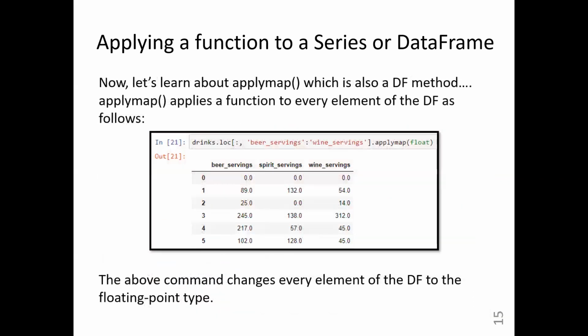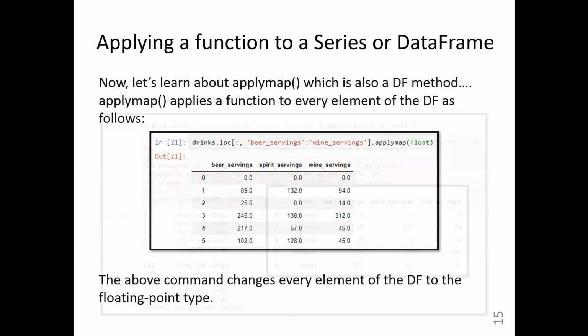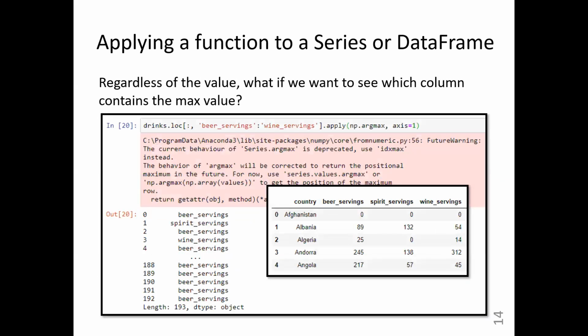And let's just see what it said. Now let's learn about applymap. That's the last concept in pandas, which is also a data frame method. So what is applymap? Imagine that you have beer servings, spirit servings, and wine servings. If we get back to the previous slide, you see that they are all integer numbers.